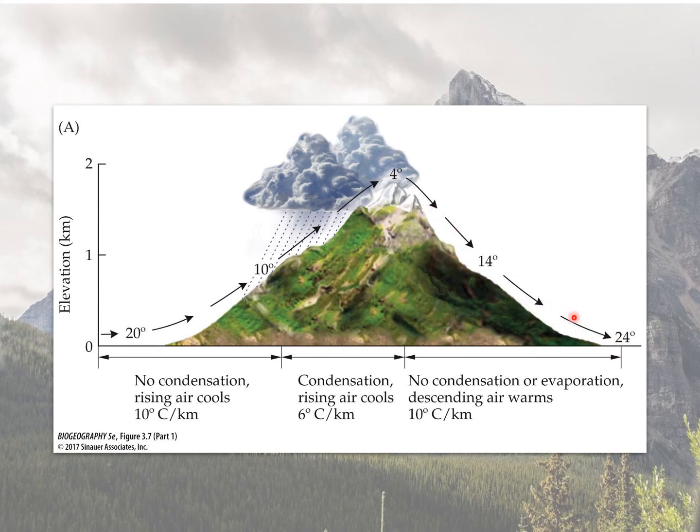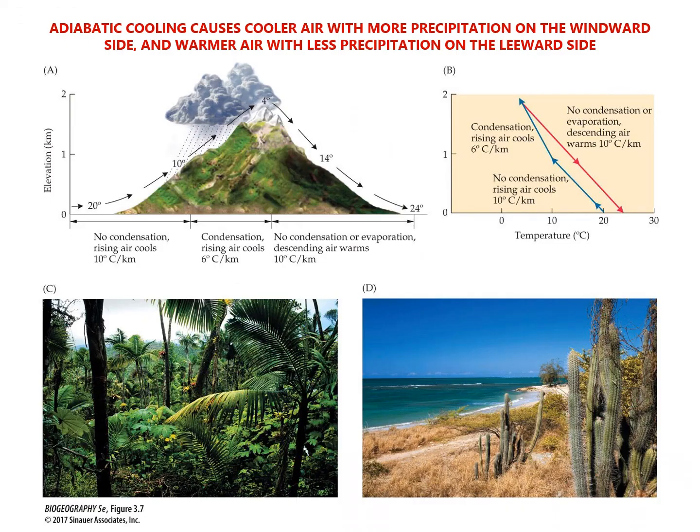So that's called a rain shadow, if you've ever heard that term before. And so we're just reiterating that the adiabatic cooling causes cooler air with more precipitation on the windward side, and warmer air with less precipitation on the leeward side. So this is the windward side, this is the leeward side over here.